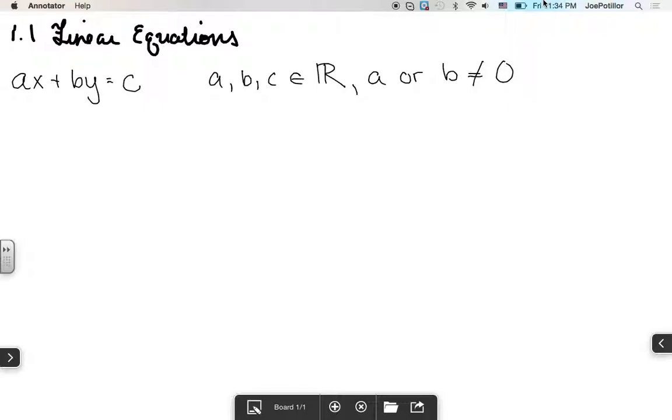So this is, of course, your very famous equation from your algebra classes, which you learned many, many decades ago, I'm sure. And as such, we can extend it also to include 3 variables. To have a line in 3 variables, it would look something like this.